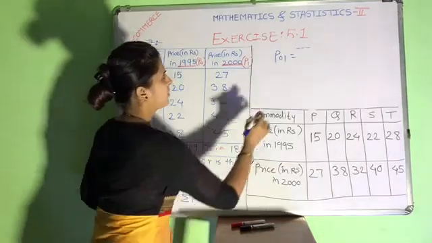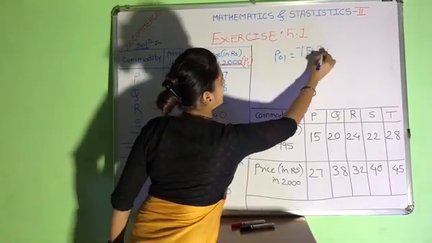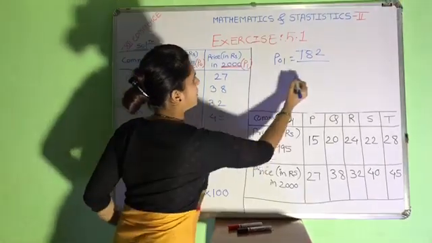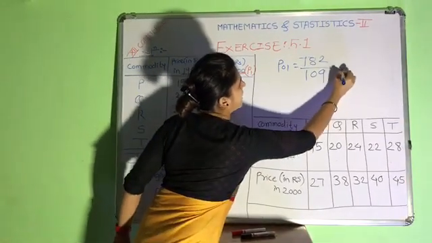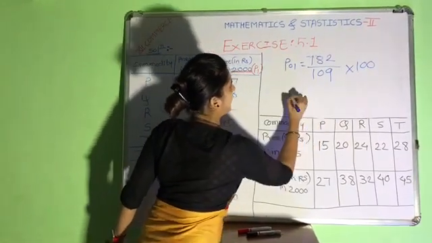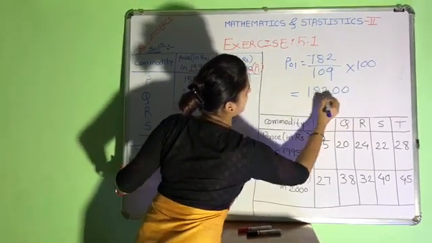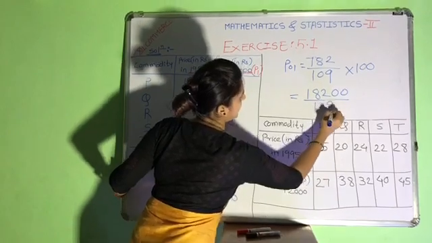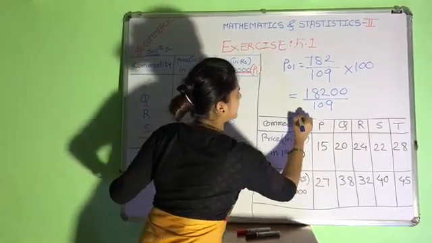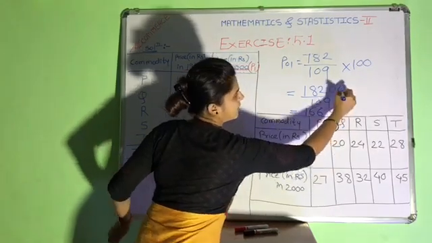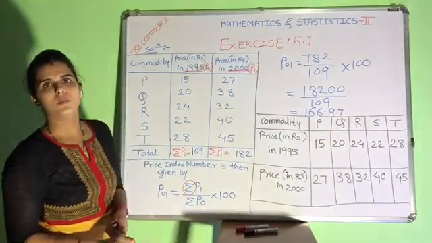Summation P1 is what? 182 divided by summation P0. What is summation P0? 109 into 100 and calculation of this is 18200 upon 109 and final answer is equal to 166.97. You have to calculate this at home. Okay.